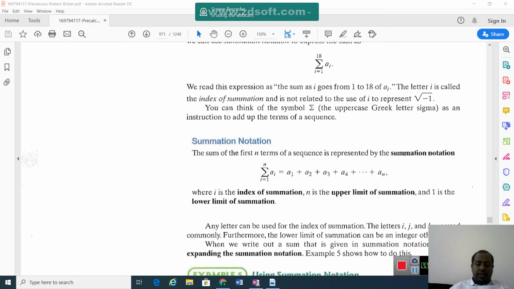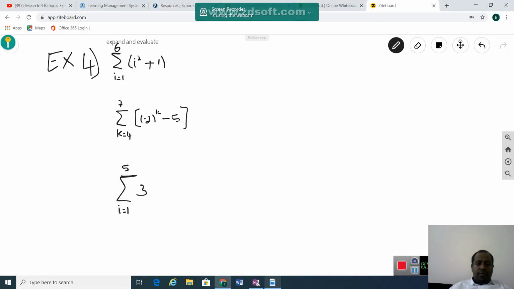For this particular example, we use i equal to 1, which is the index. So let's go to example 4. In example 4, you are asked to expand and evaluate the given expression.